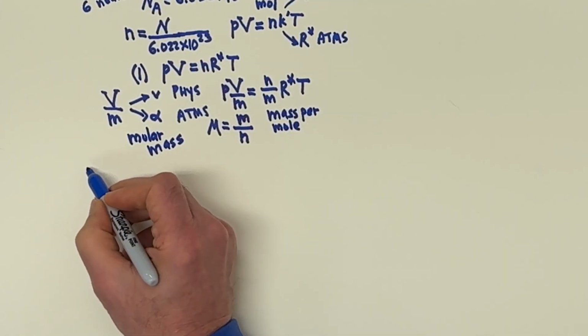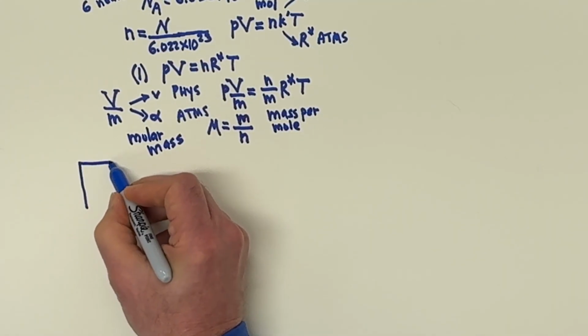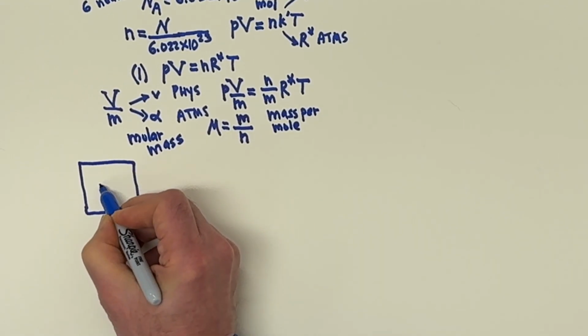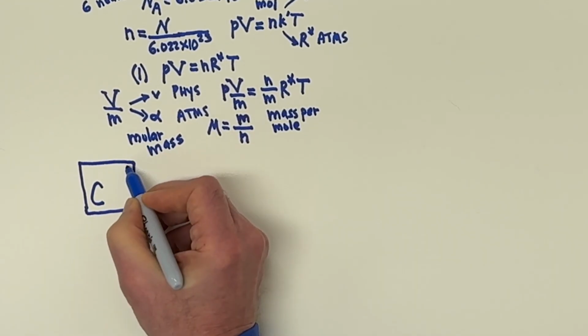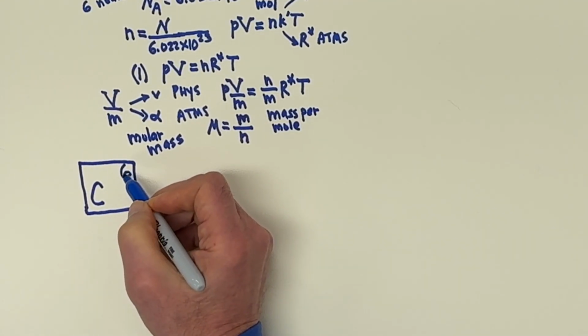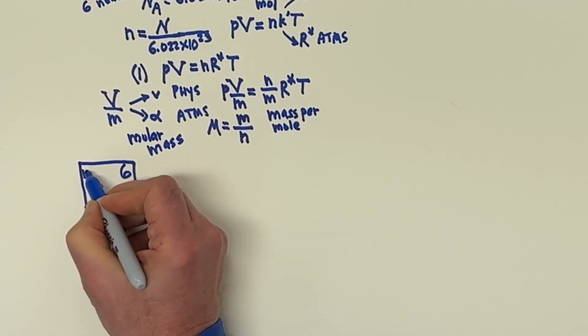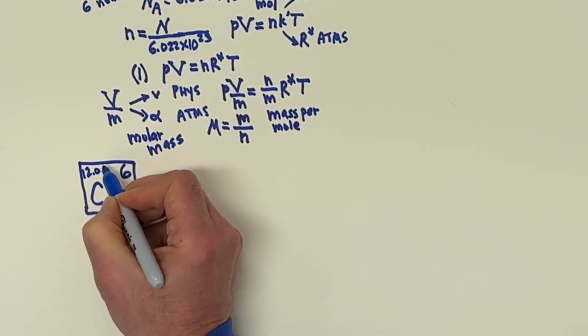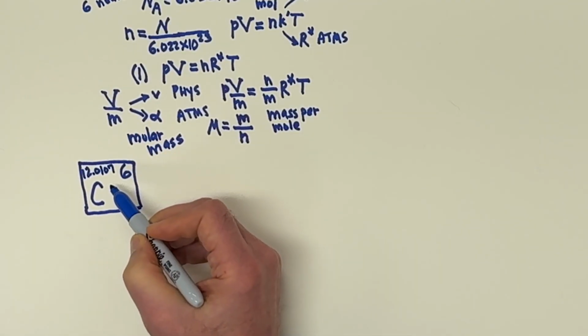Now let's look at the periodic table for carbon. I have these little squares here. So symbol C, the 6 stands for the number of protons in the nucleus, and that's what defines carbon. And then here you find another number, 12.0107.